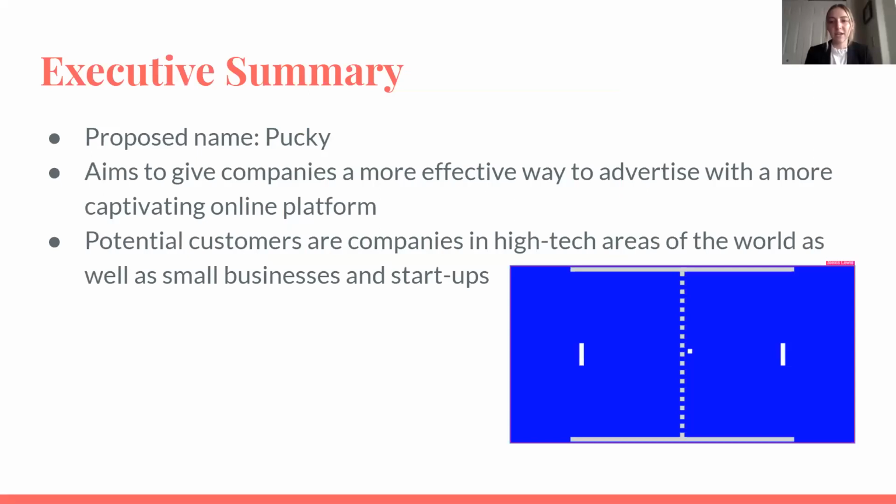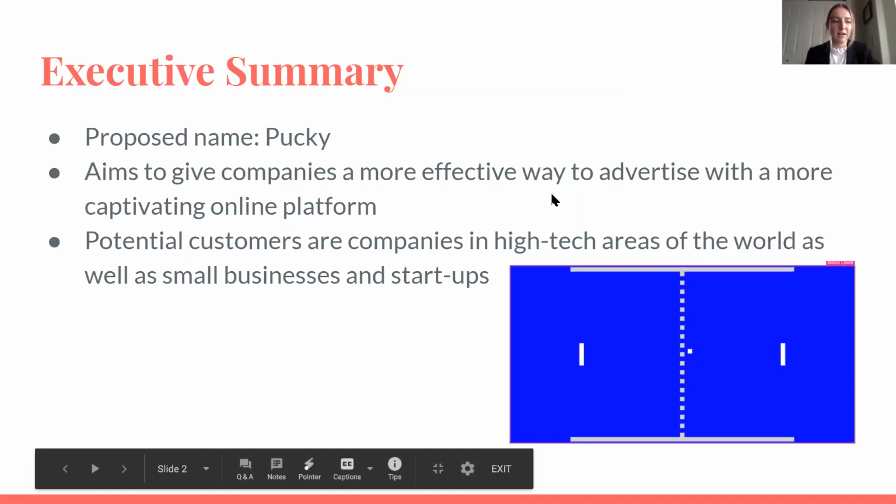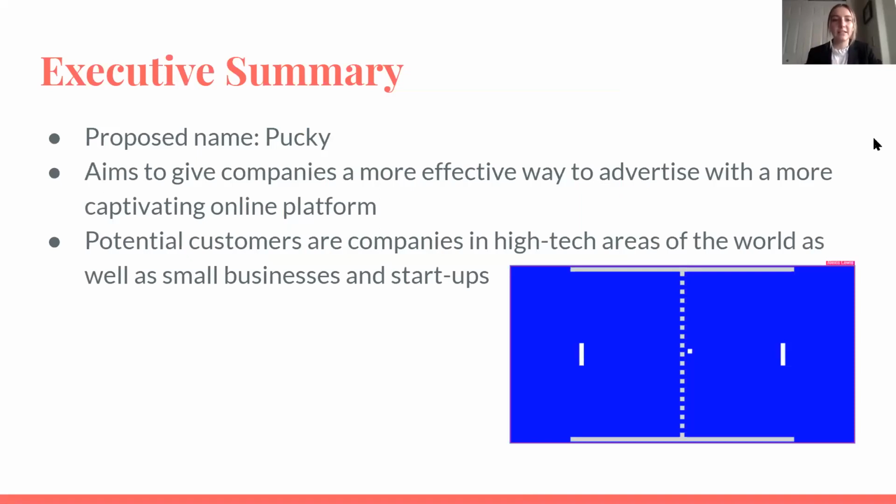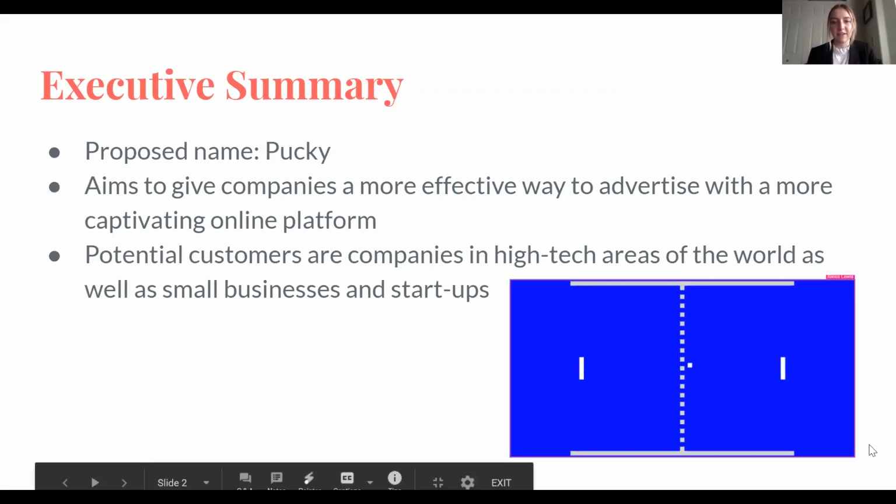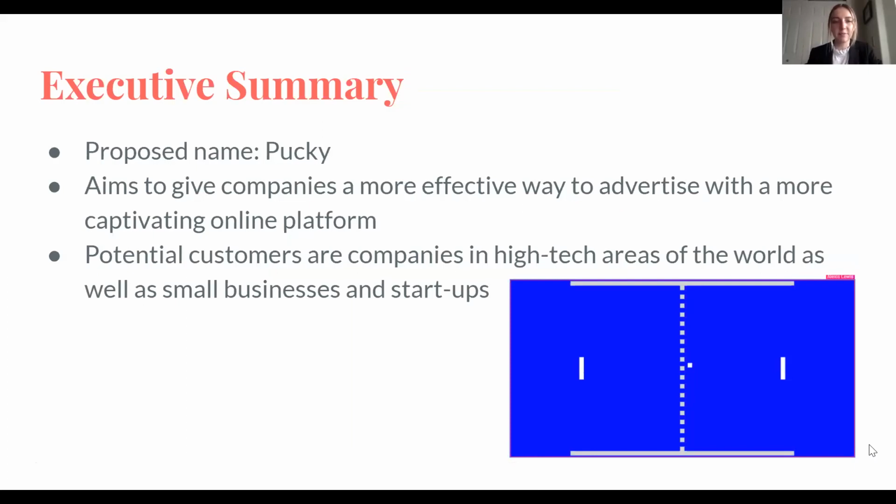All right, and we are presenting today on our product called Pucky. It aims to give companies a more effective way to advertise with a more captivating online platform. And the goal is just to increase traffic for these companies and help them advertise and get their company name and brand name out there for people to see.